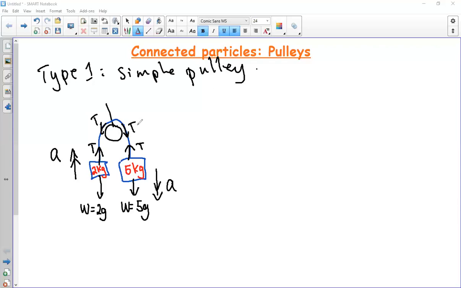Now normally in a question, those two tensions, this T and the T on top here, you don't need to consider them because they cancel out. You only need to consider the tension acting on each object.